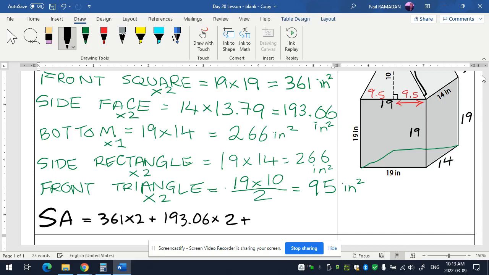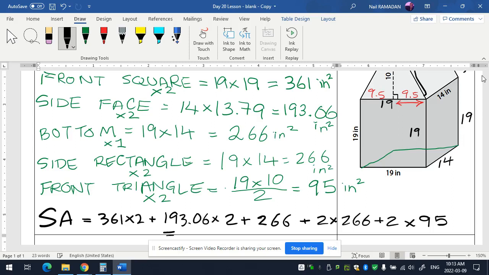If you do not write 1 times, I'm okay with that. You can just write 266. 266 plus, I'm going to go into this side. 2 times 266 here again. Plus 2 times 95.